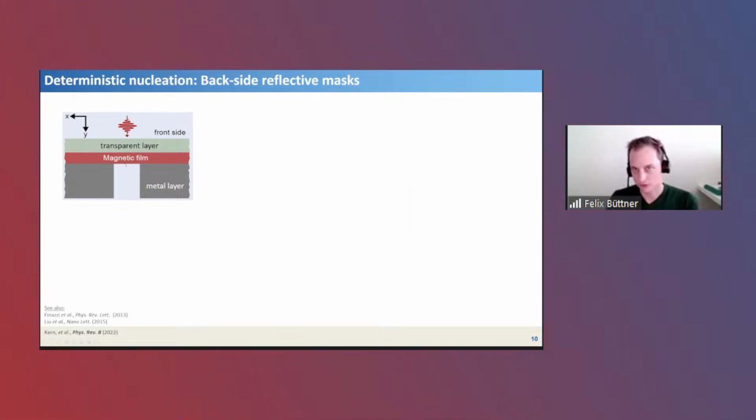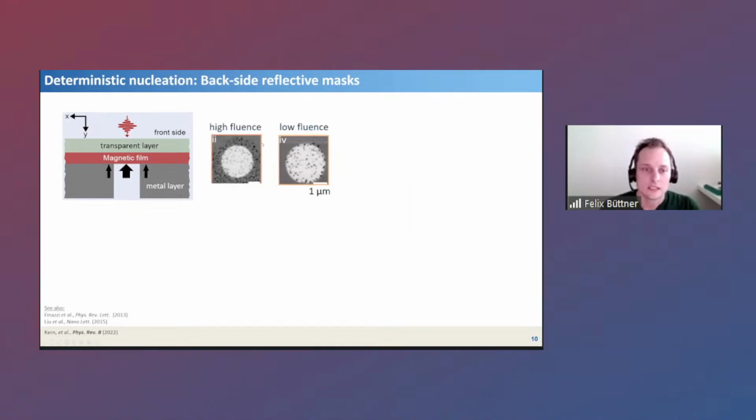When you have a metallic film, the metal to air interface is quite strongly reflective, so the metallic film usually looks like a mirror. When you have more mirror effect on this part of the material than on this part, and you expose it with a high fluence scheme, you see that you get skyrmions everywhere.